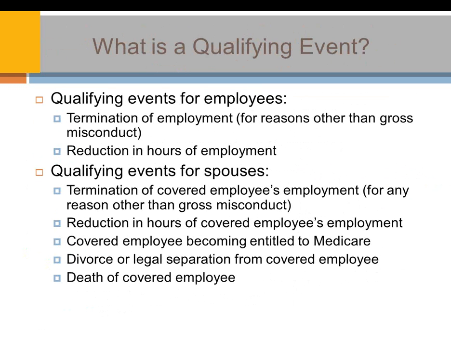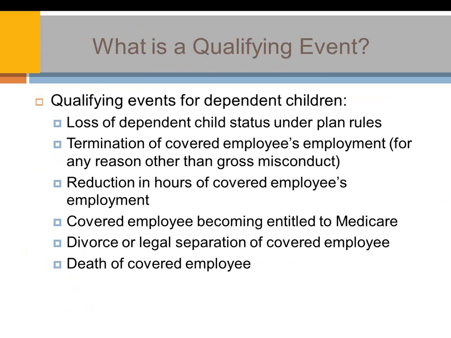Qualifying events for spouses, again, are termination of the covered employee's employment other than gross misconduct, reduction in hours, the covered employee becoming entitled to Medicare, so that's the individual employee working for the company becoming entitled to Medicare. Now that can be a qualifying continuation event for the spouse, divorce or legal separation, and death of the covered employee.